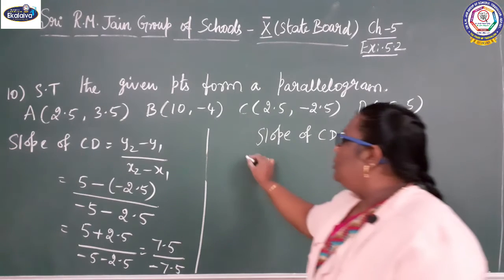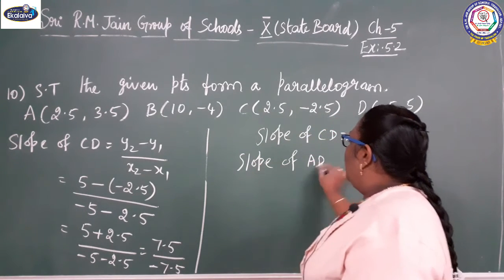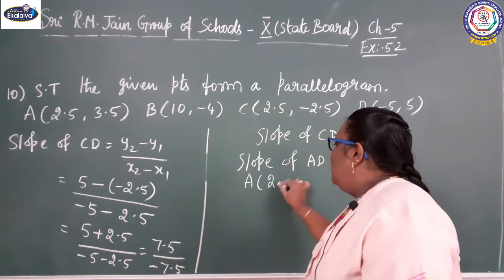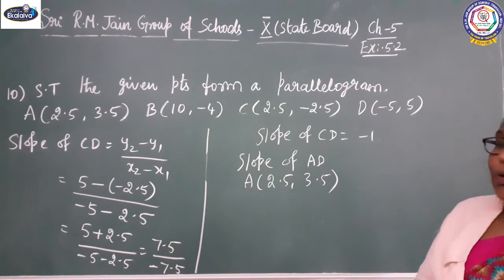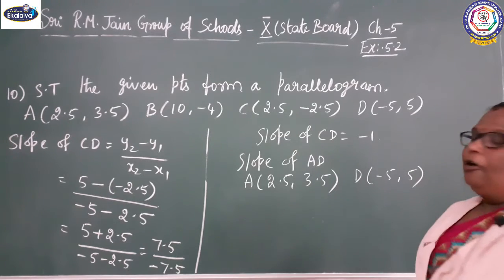Next, you can move on to slope of AD. What is A value? A value is (2.5, 3.5). What is the value of D? D equals (-5, 5).